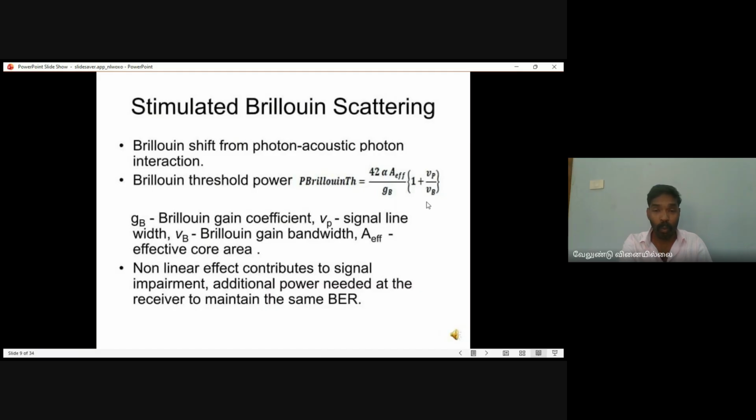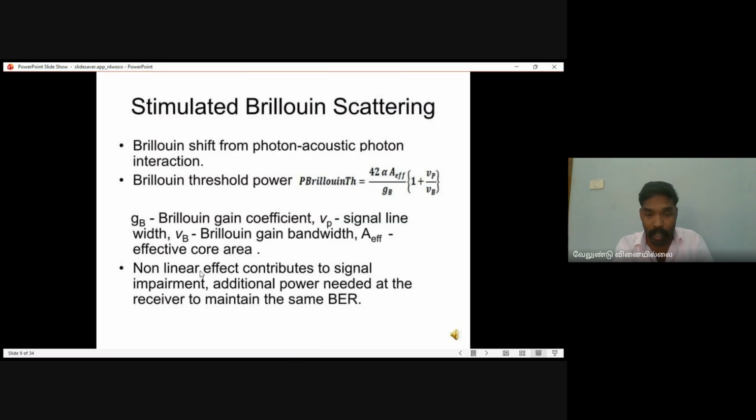We have two bandwidths. v_P is the signal line bandwidth. v_B is the Brillouin gain bandwidth. A effective is the effective core area, and g_B is the Brillouin gain coefficient. This is the stimulated Brillouin scattering formula, showing how to calculate the Brillouin threshold power.